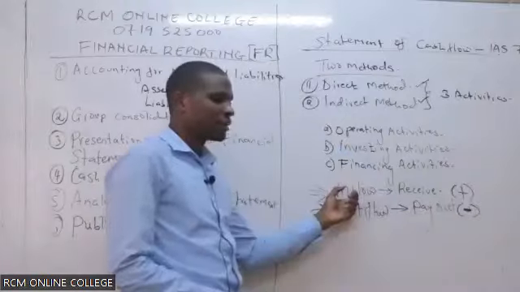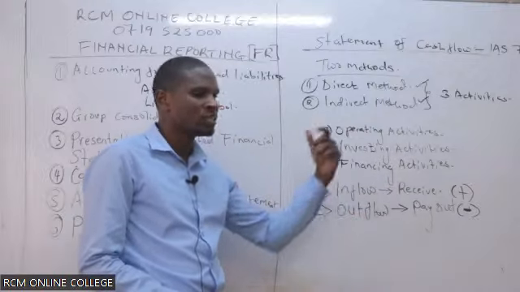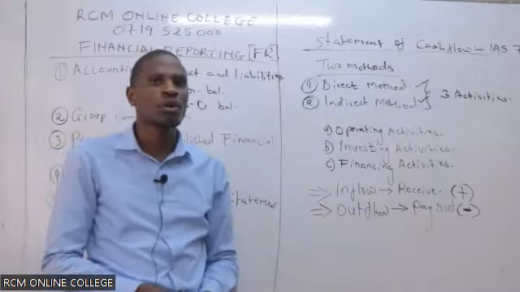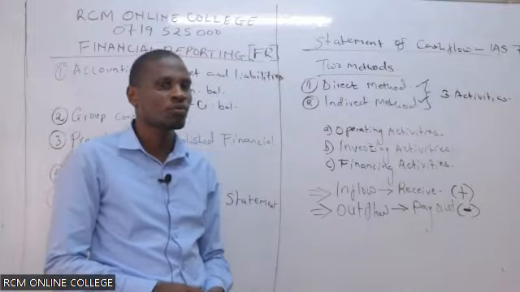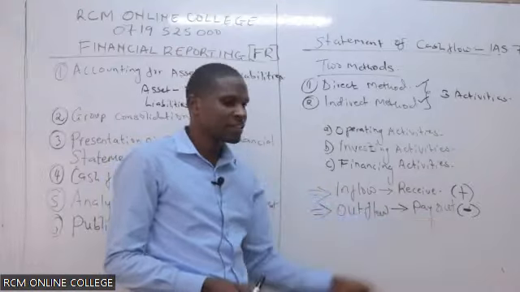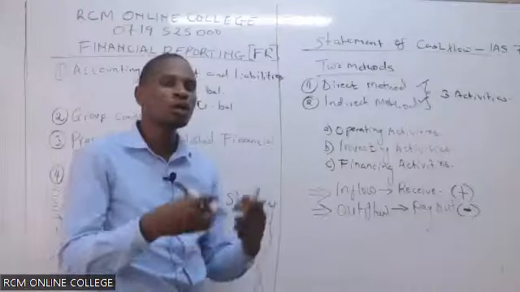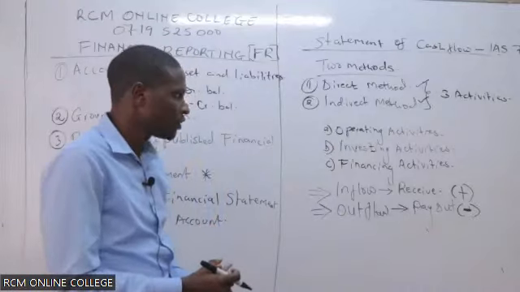If the company pays money to its creditors, that is an outflow, leading to a reduction of cash, and we deduct that. Remember, at the end, we want to see the balance of cash in that company.